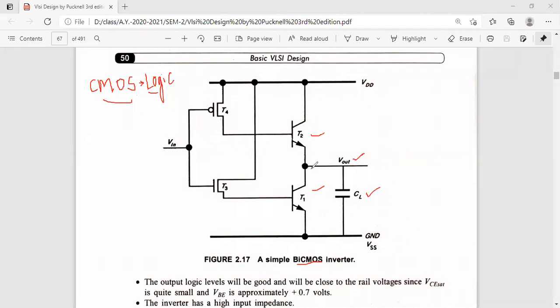Output will be taken here. The inverter functionality is that when I give an input of 0, it produces an output of 1, and when I give an input of 1, it produces an output of 0.